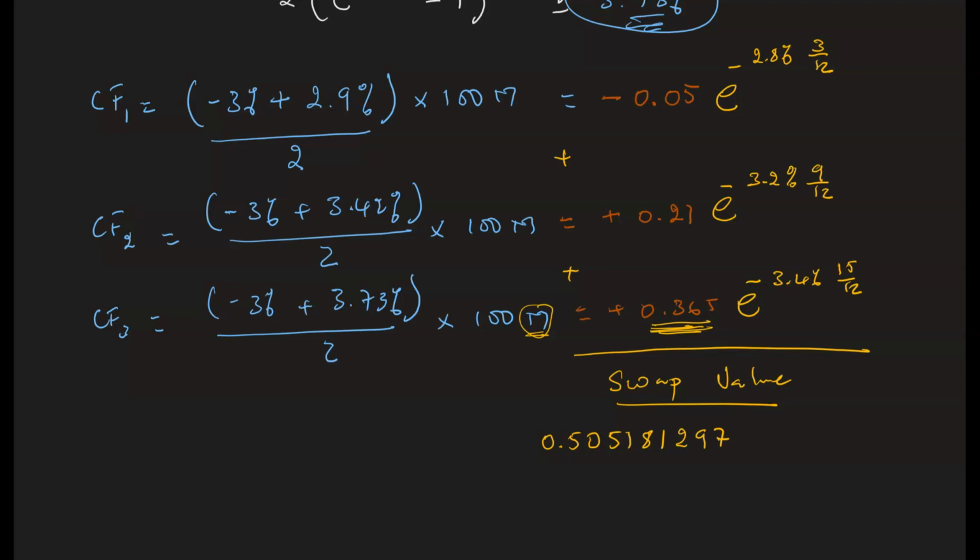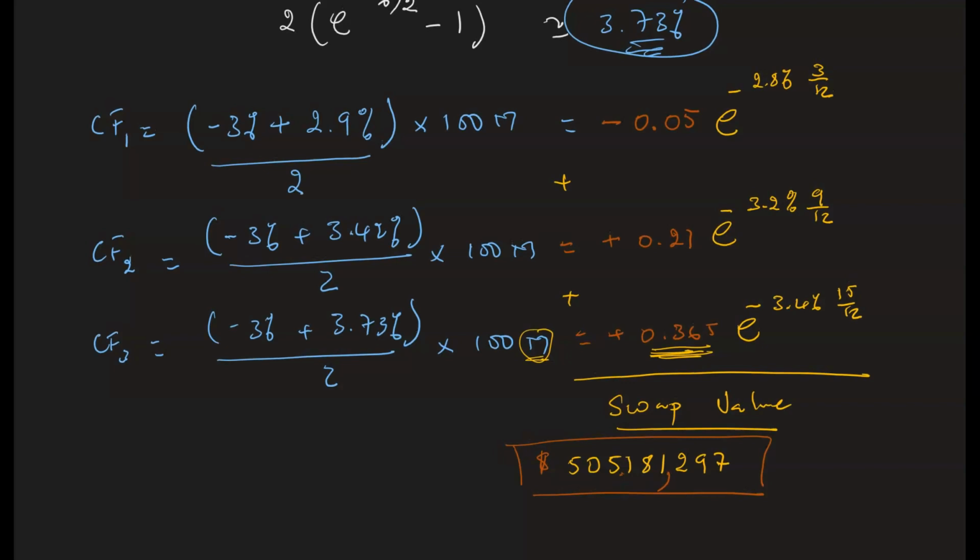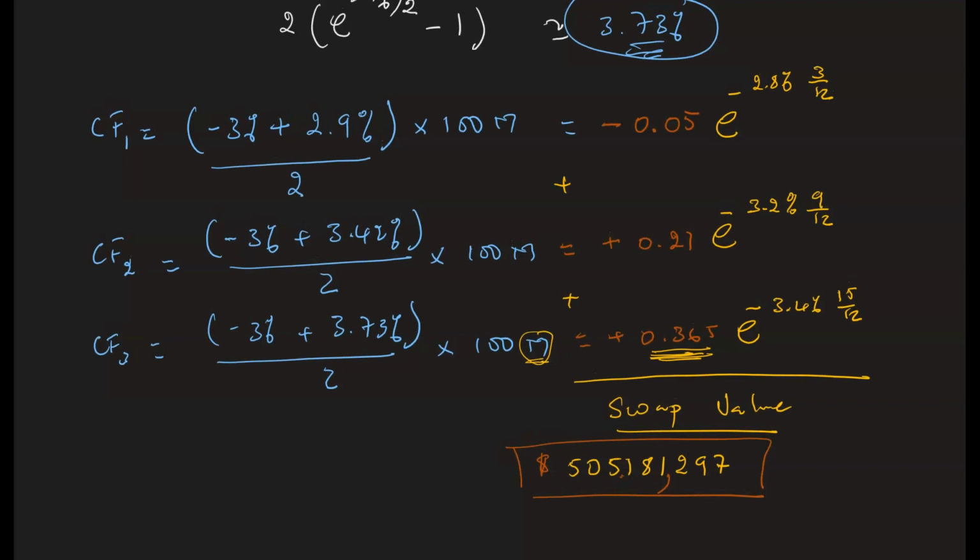And so if we multiply that by 1 million, we're essentially moving the decimal 1, 2, 3, 1, 2, 3. There we go. So our answer is essentially going to be equal to $505,187.297. That would be the swap value here that we have. That's put in place by this financial institution.